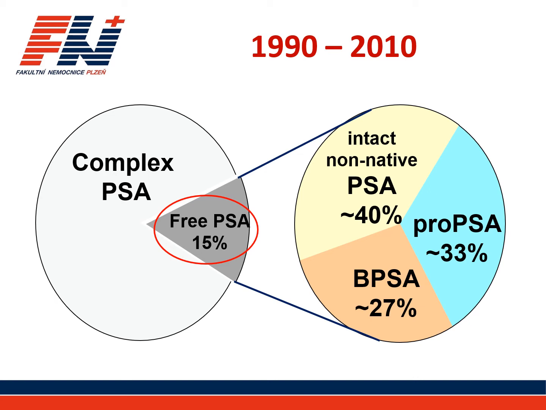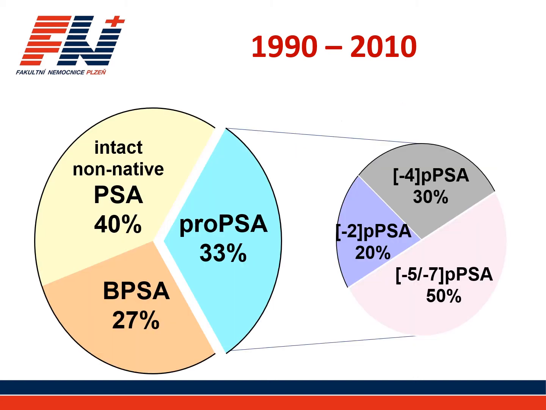This free fraction consists of the next 3 subfractions, and here you can see this fraction proPSA, and from this fraction, since 2010, -2 proPSA is used, which is very closely connected with prostate cancer cells.